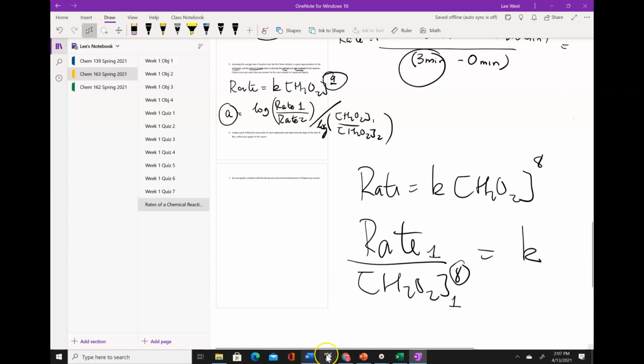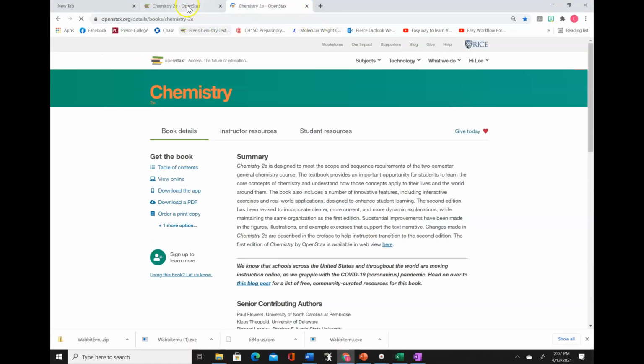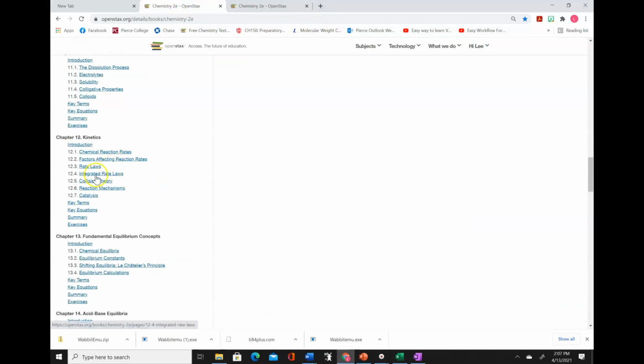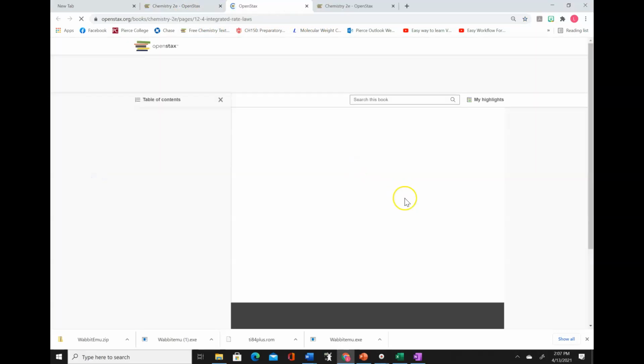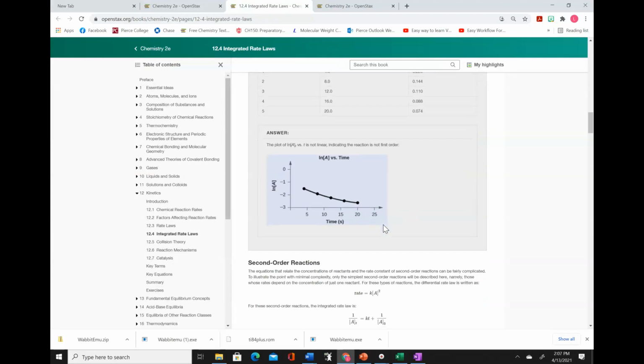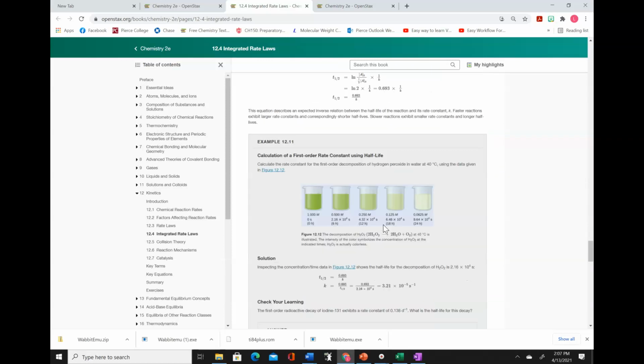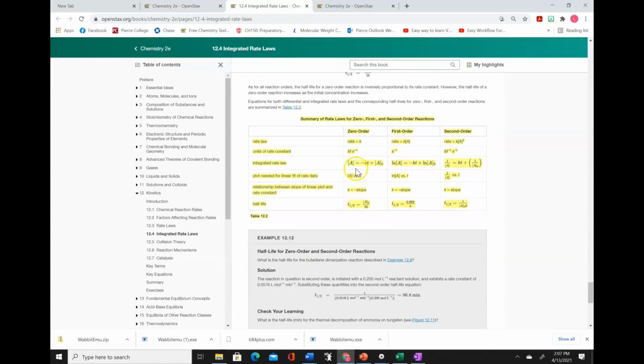Now, something to be aware of is that you want to be cautious about your units for your K. There's a table 12.2, I believe it is, that I've got highlighted in here that has the units for K depending on the order of the reaction.